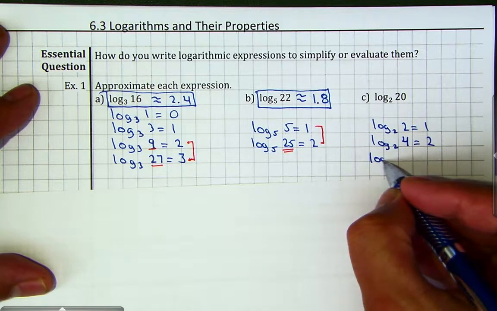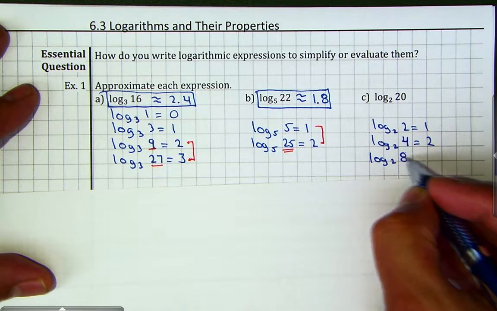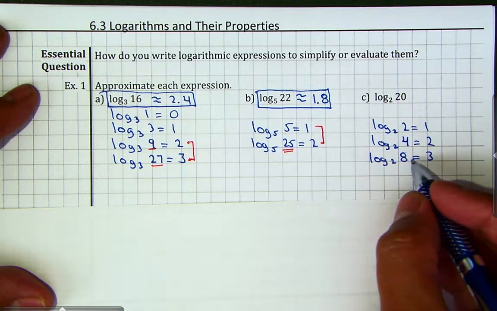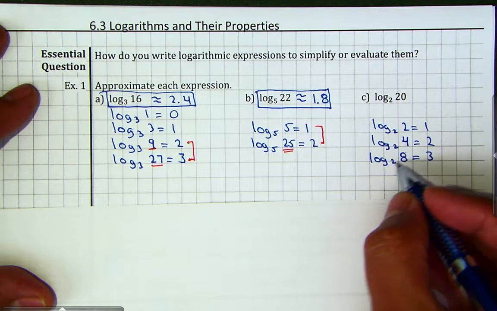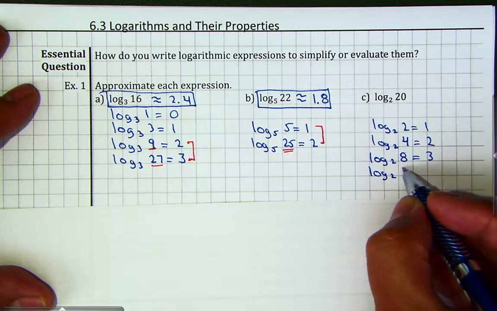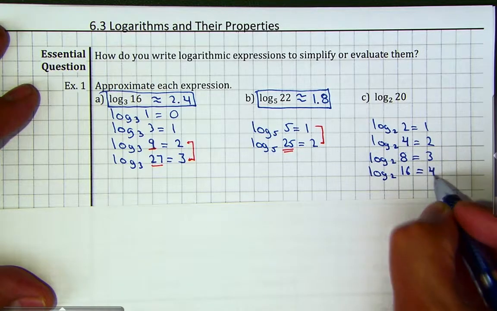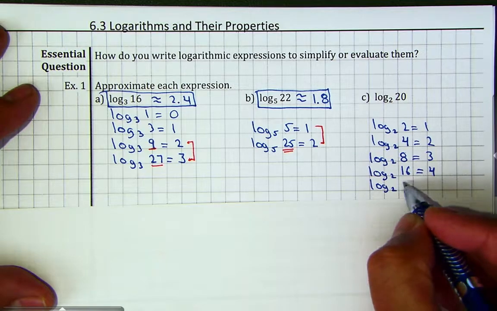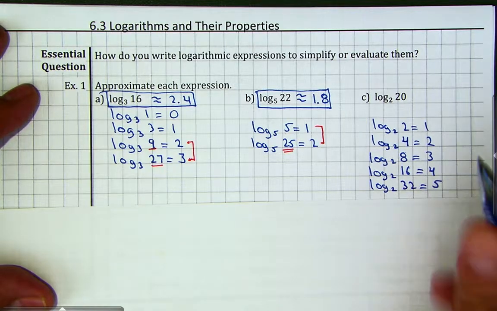The log base 2 of 8 is 3. I need, let's say 20. What's the next one? Log base 2 of 2 to the 4th power, so 16, is 4. Log base 2 of 32 will be 5.